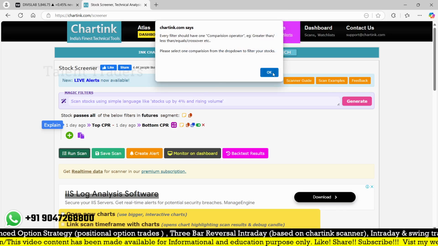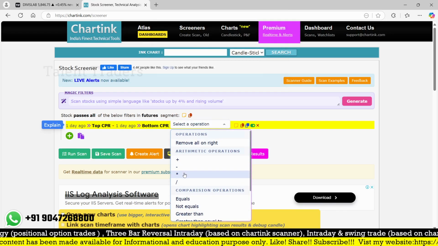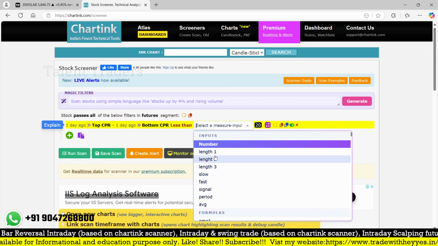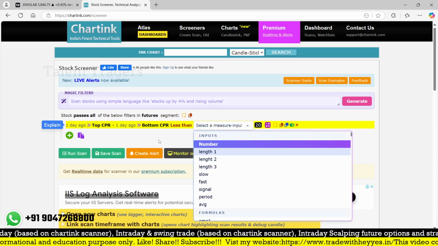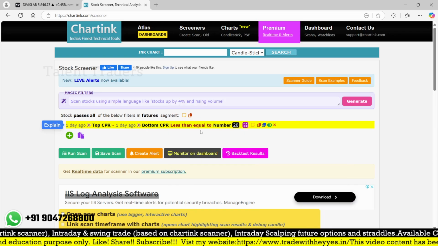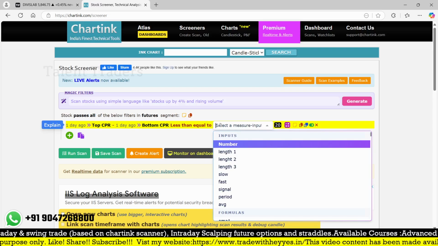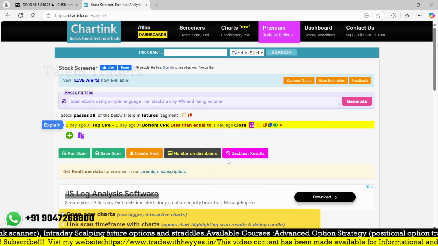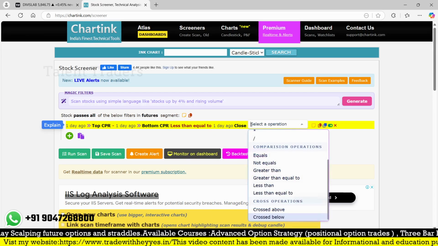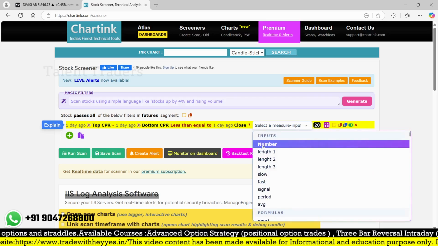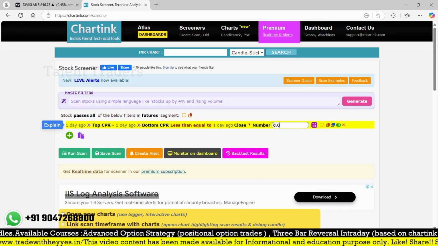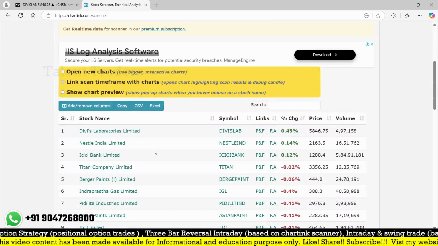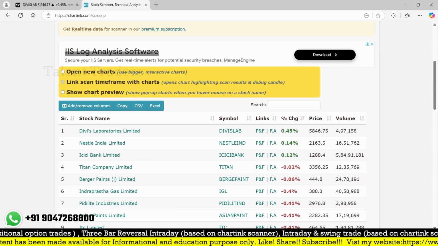No problem. It must be less than or equal to the closing price of that particular stock, 1 day ago, because we are using the time frame as 1 day ago, multiplied by 0.001. That will fetch you a stock forming a narrow CPR.